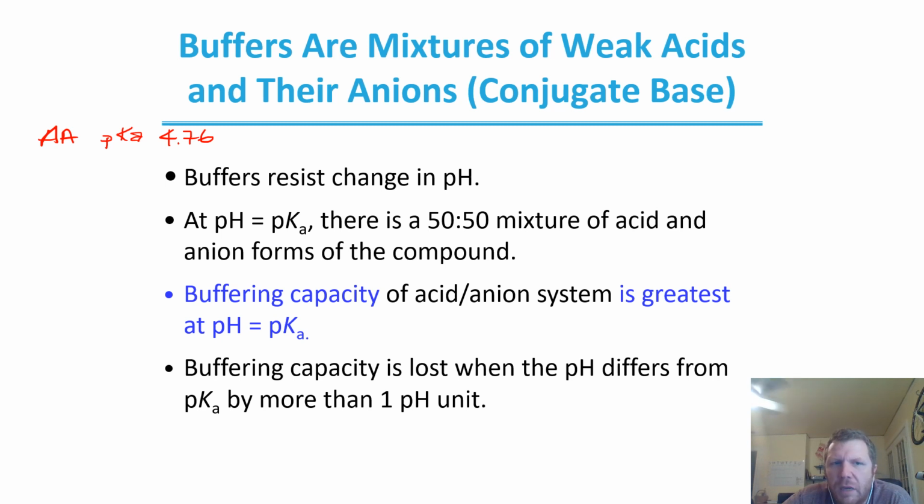So this molecule is going to undergo changes based on its environment, because we can make a solution with a specific pH. If you make a solution with a pH equal to 4.76, then that solution's pH is equal to acetic acid's pKa, which means you've got 50% of the acetic acid protonated and 50% deprotonated.